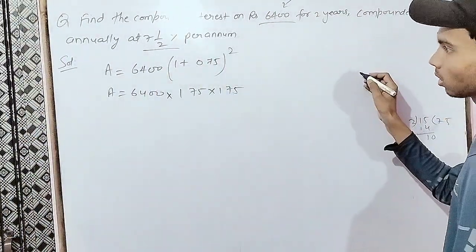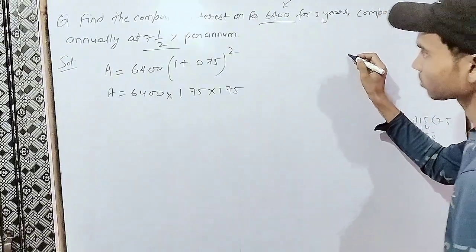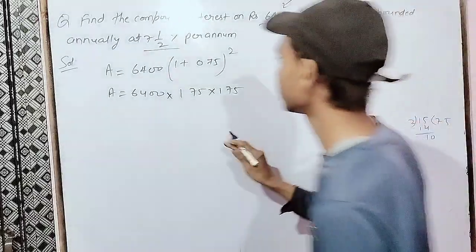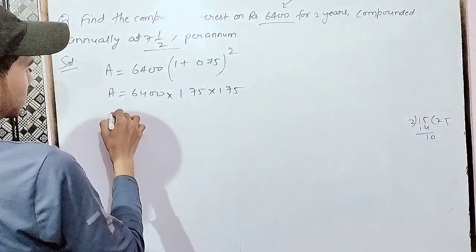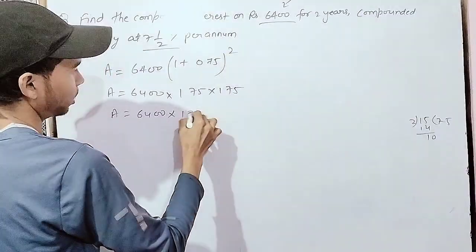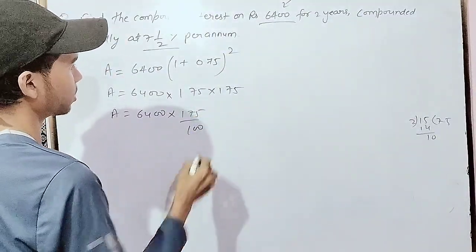Yeah. Now next, what else? As we know, 6400 can be written upon 100, isn't it? Of course, yes.